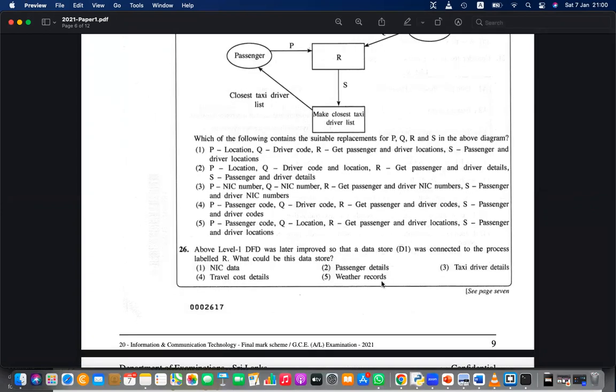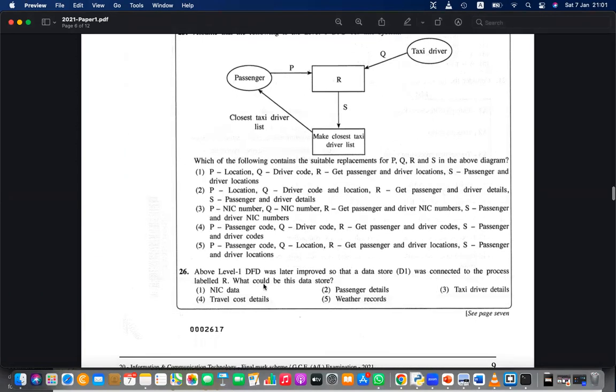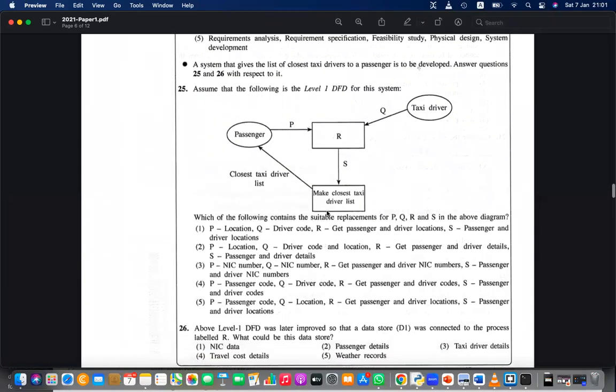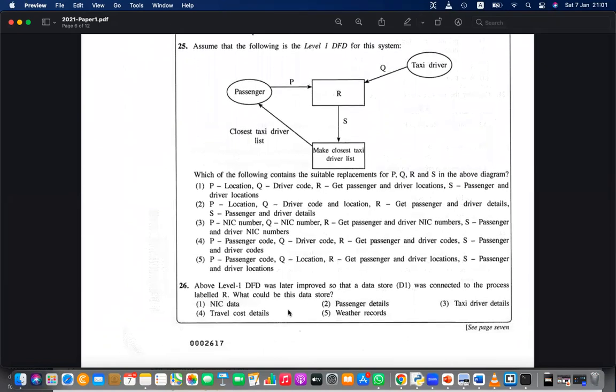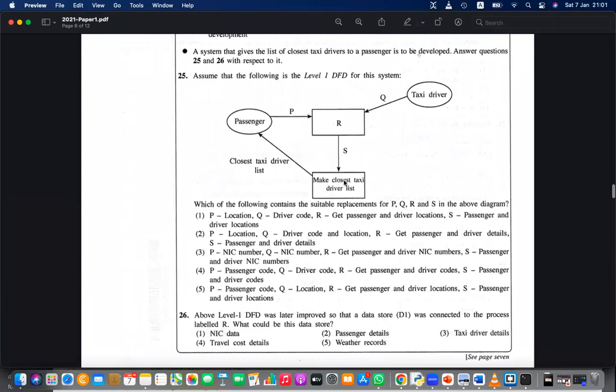Above level 1 DFD later improved, so data store D1 was connected to the process labeled R. What could be this data store? What you need to store there are basically the driver details, for the process make driver list, which is connected to R, taxi driver. So basically the report generated is driver details. Therefore, you need to store the driver details.